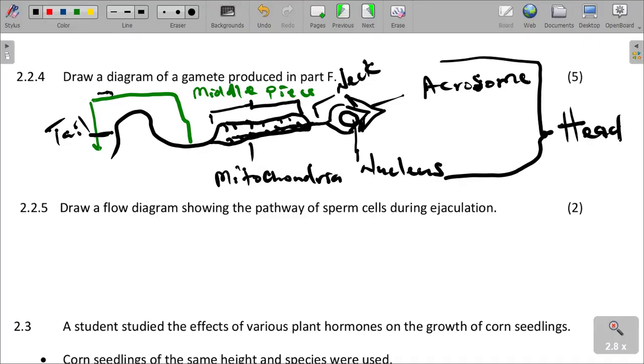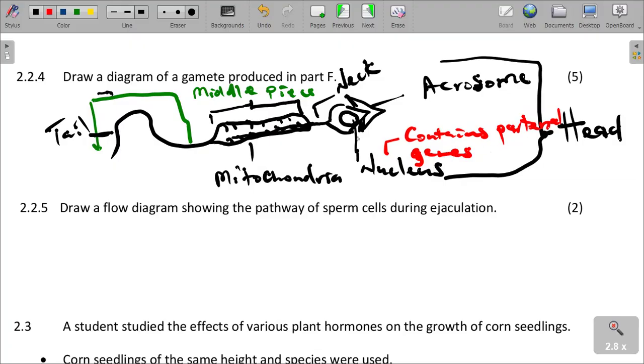Basically, you should know that the head is made up of the acrosome and the nucleus. The nucleus contains the genetic information, the paternal genes from the father.